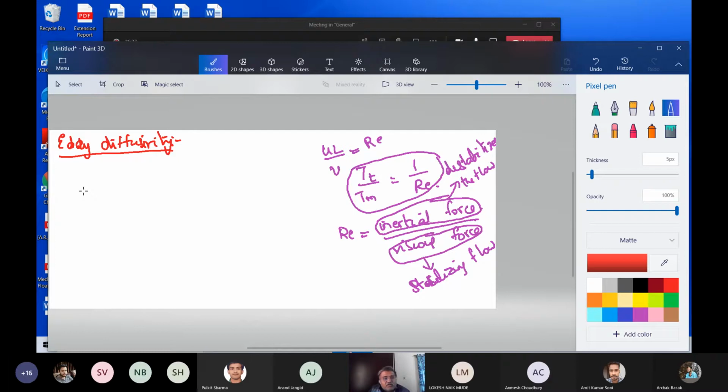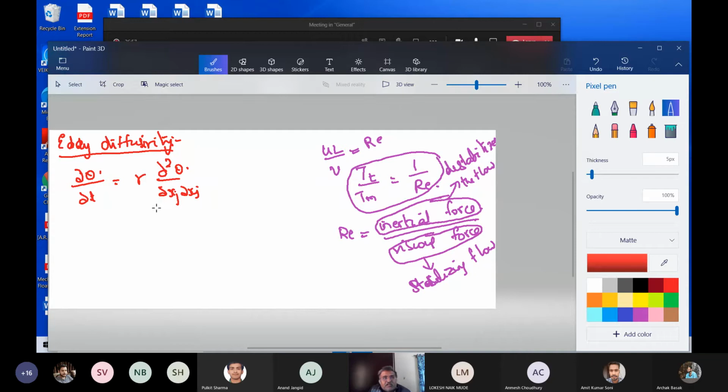So the first line of thinking was that suppose you have this diffusion equation like this. This is the diffusion equation, and you have a coefficient there, known as gamma here, and we say that the diffusion is like this.